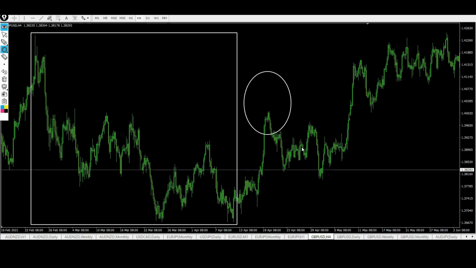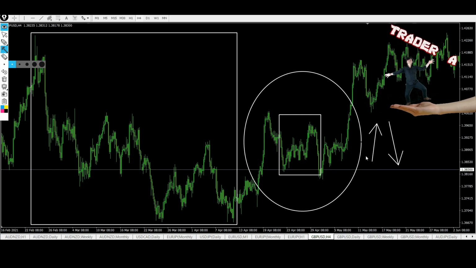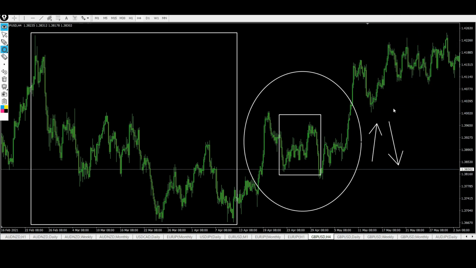And so in this area right here, the weekly bias was short. And moreover, in this area right here, we measured the daily bias, and the daily bias was long. And so let's say trader A only used the daily, 4-hour and 1-hour charts to trade, in which case he or she will not be aware of the weekly bias, which is actually short.